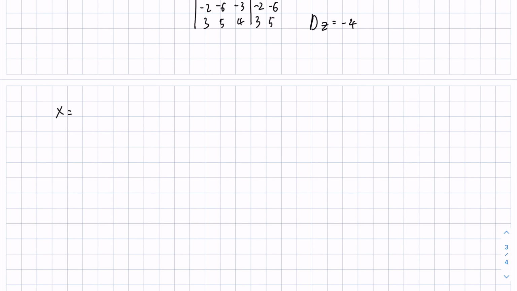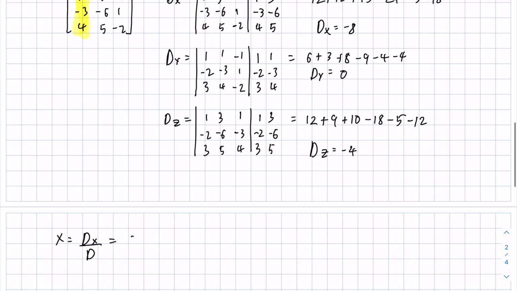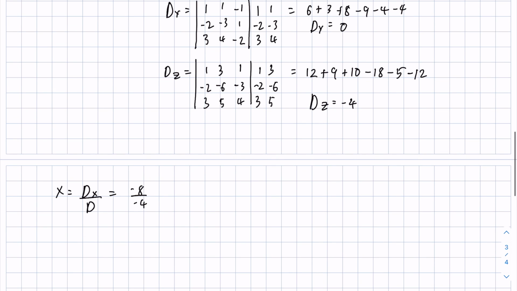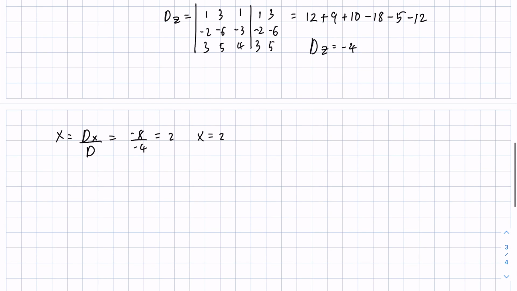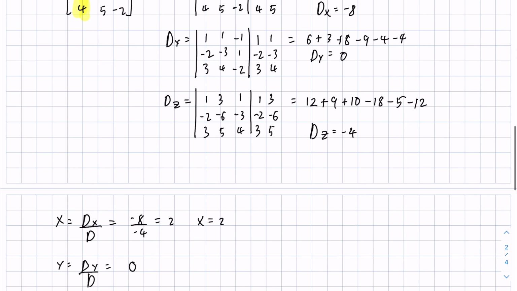Since x is equal to Dx over D, Dx is equal to -8, and D is equal to -4, the answer will end up being 2. X is equal to 2. Then y is equal to Dy over D. Dy is equal to 0 over -4. So the answer is 0.